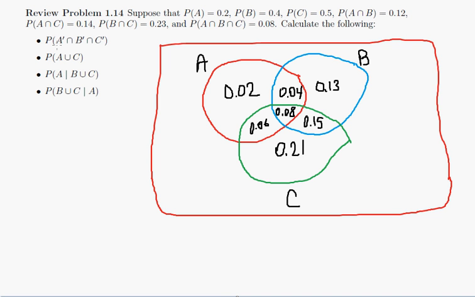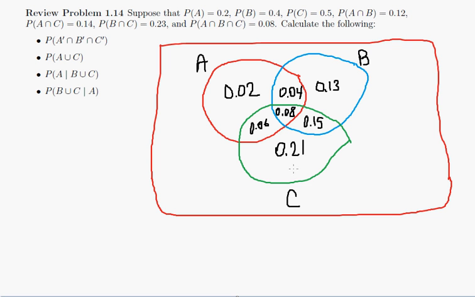To begin, probability of A prime intersect B prime intersect C prime, that's the probability outside everything. So to do that, I need to add up all of the areas we see here, or all the probabilities we see here. So 0.02 plus 0.04 plus 0.13. Then here in the middle, 0.06 plus 0.08 plus 0.15.